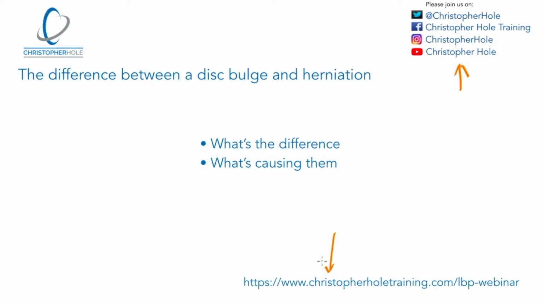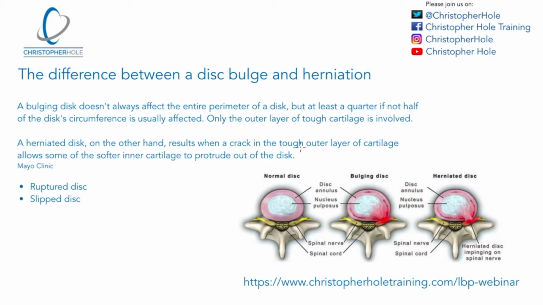So what we'll do now is get straight into answering the first question: what's the difference between a disc bulge and a disc herniation? Very simply, a disc bulge is where the disc bulges onto the nerve. So you can see the bulge here. You can see a normal disc, it's sort of spherical, but here you can see that disc is bulging onto that nerve and is potentially going to create pain.